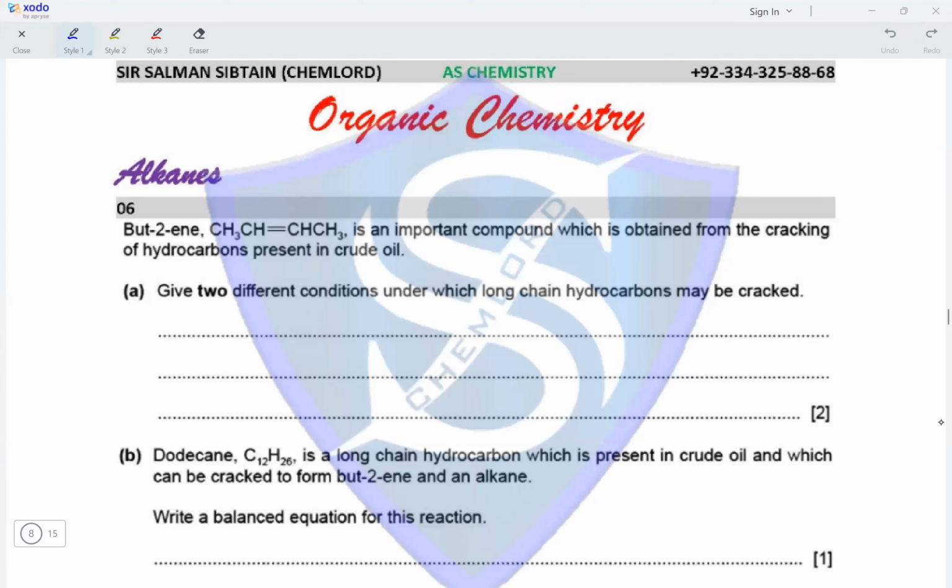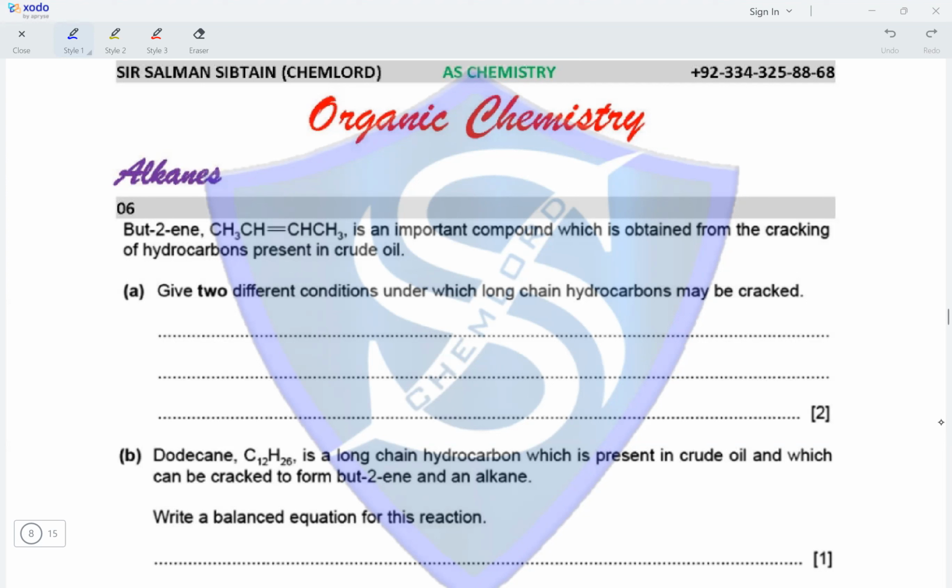Question 6. Butene, CH3CH=CH2, is an important compound which is obtained from the cracking of hydrocarbons present in crude oil. Give two different conditions under which long chain hydrocarbons may be cracked.